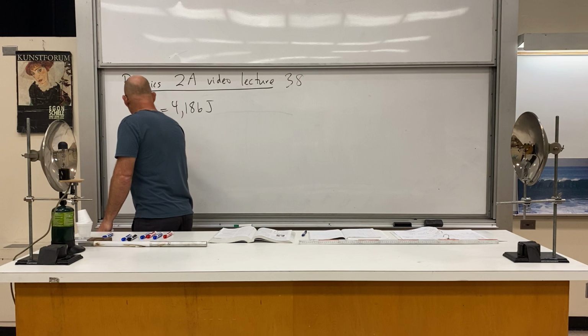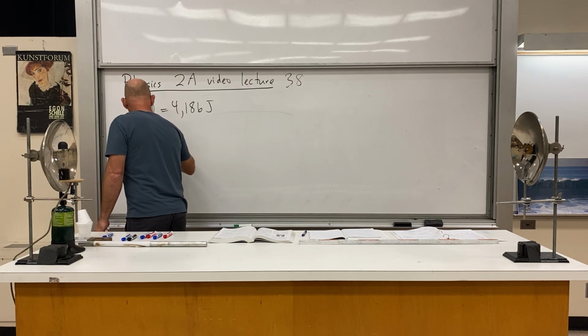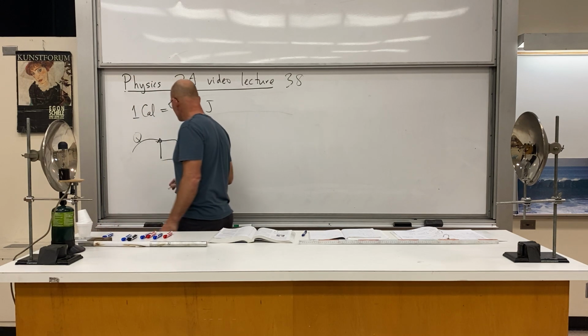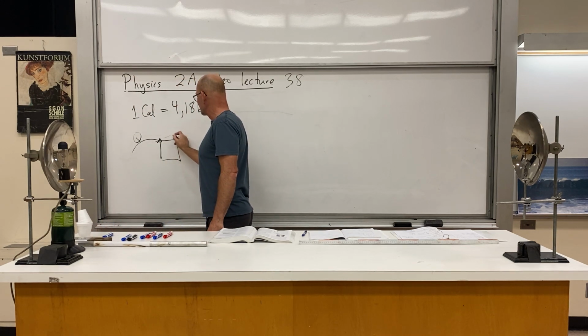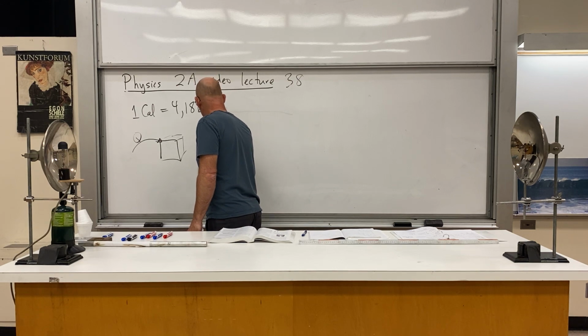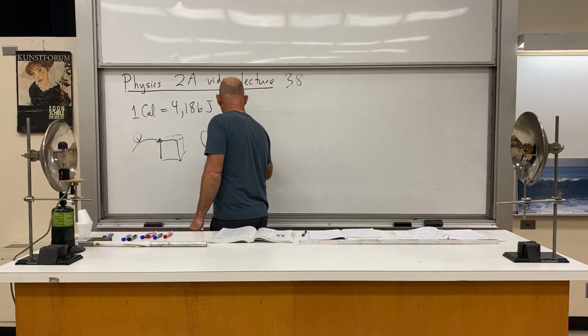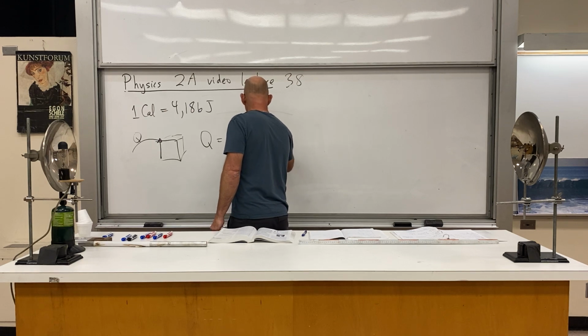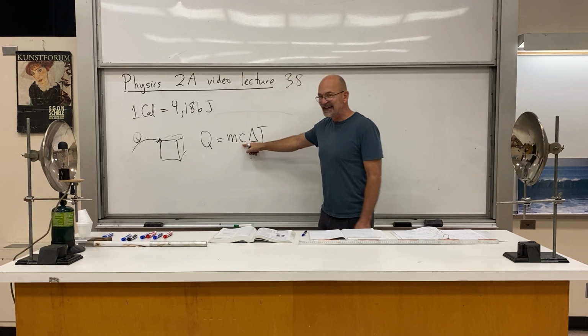Then we had the idea that if thermal energy flows into something and actually out of it as well, it's flowing into this cube here, then we have Q equals m c delta T, where c is the specific heat capacity.